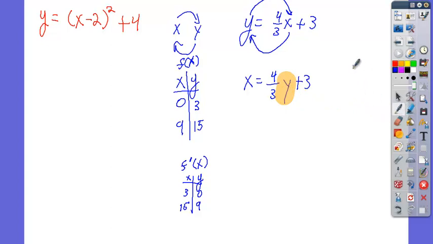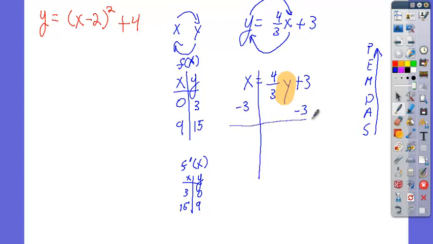If you remember your order of operations, PEMDAS, whenever we solve a problem, we work PEMDAS backwards. So the first thing I want to look at is, is there anything I can add or subtract from this problem? So I go minus 3 and minus 3. Remember, I have to jump over my equal sign in order to do this.